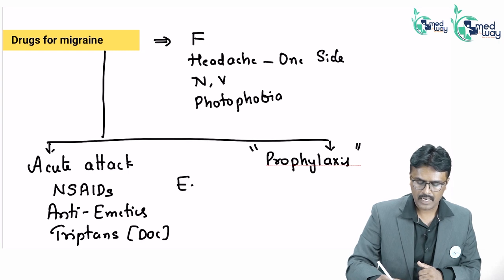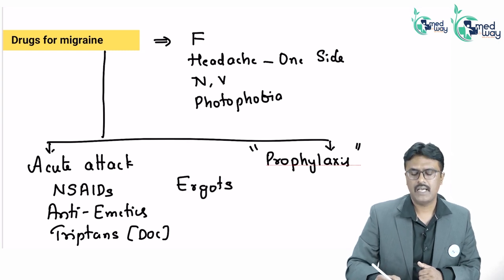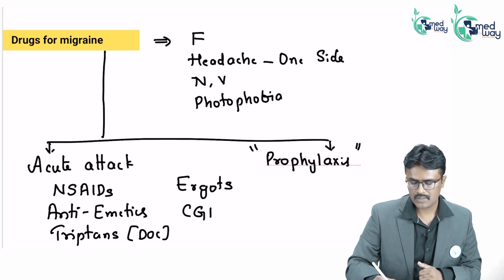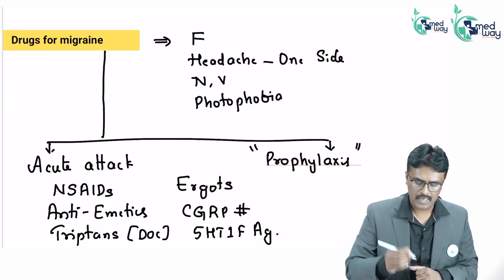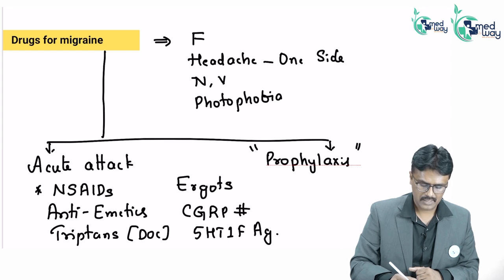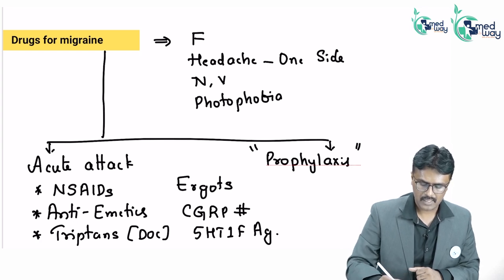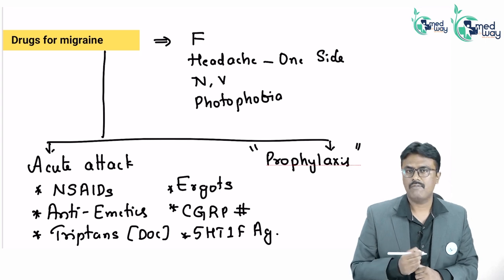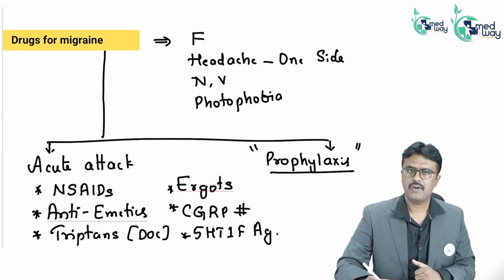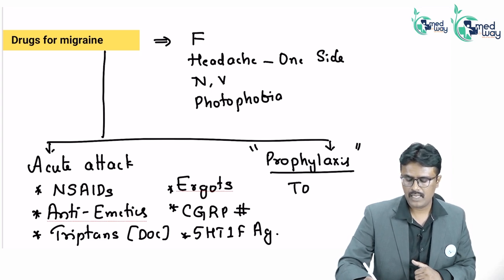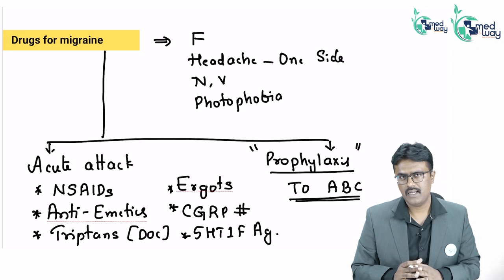The other options are ergots, and also we recently found drugs which can block CGRP, and also a 5-HT1F agonist. Let me repeat again: NSAIDs, antiemetics, triptans, ergots, CGRP antagonists and 5-HT1F agonists. All other drugs we will be discussing are for prophylaxis. I will give a mnemonic: 2 ABC drugs. We will see what the 2 ABC drugs used in prophylaxis of migraine are later.